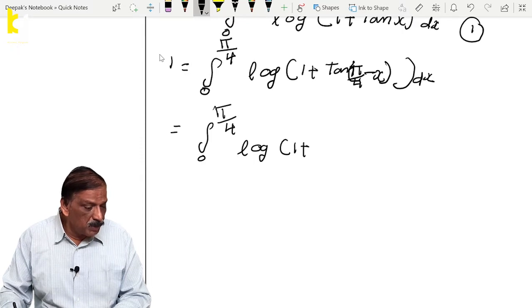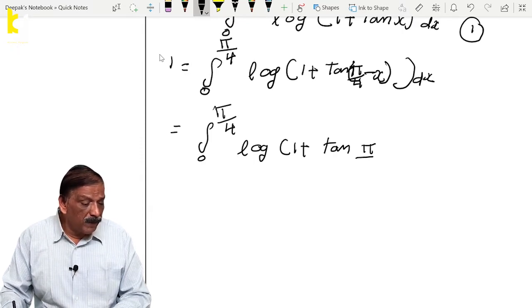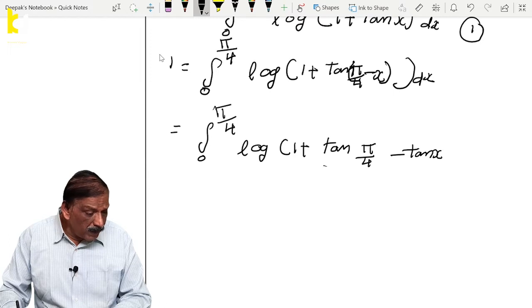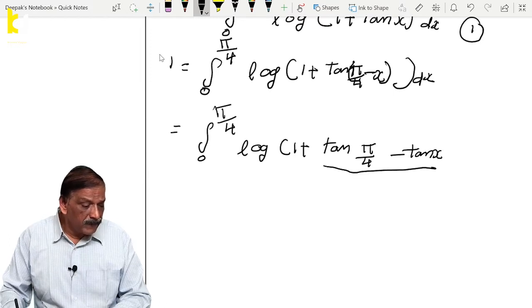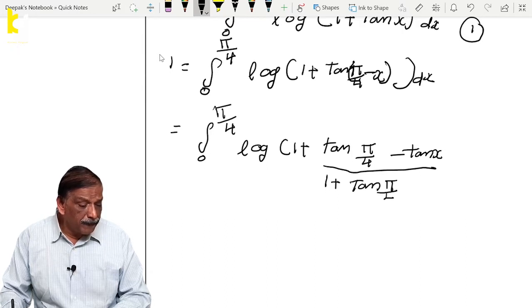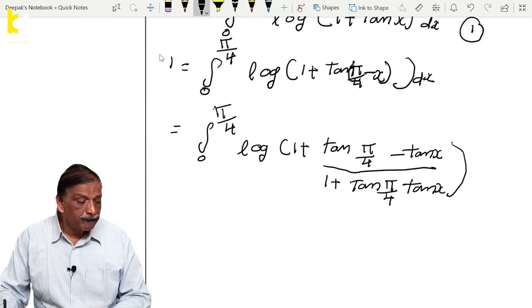So this is equal to tan pi by 4 minus tan x whole divided by 1 plus tan pi by 4 tan x dx.